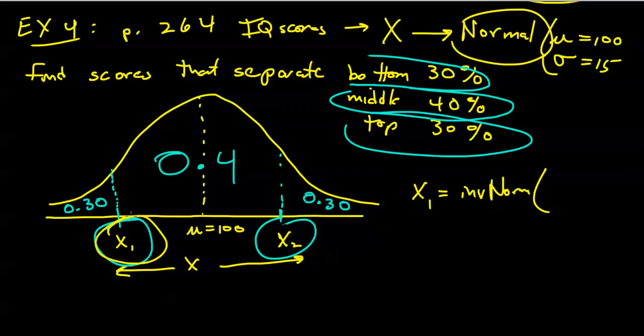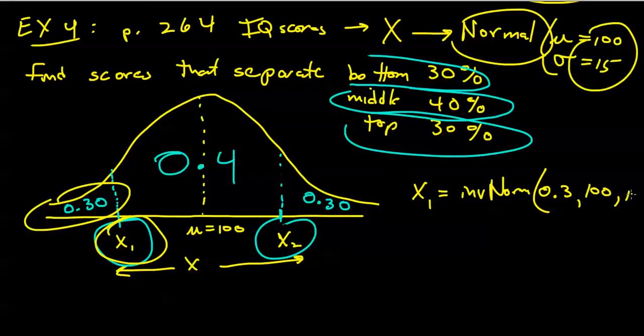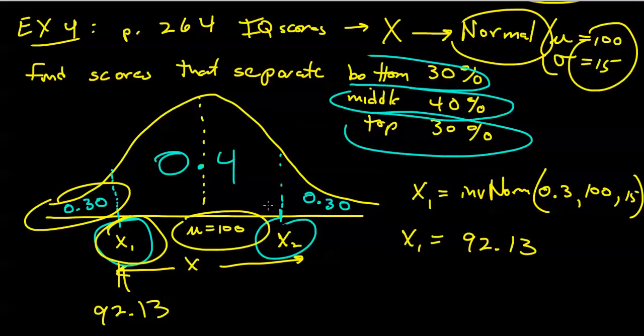The area under the non-standard normal curve to the left of this value is 0.3. So my left area is going to be 0.3. And my mean and standard deviation in this non-standard case are 100 and 15. If I punch this out, I get x1 equals 92.13, and that makes sense. Let me label this here, 92.13. It's certainly left of 100, so it's consistent with our diagram here.